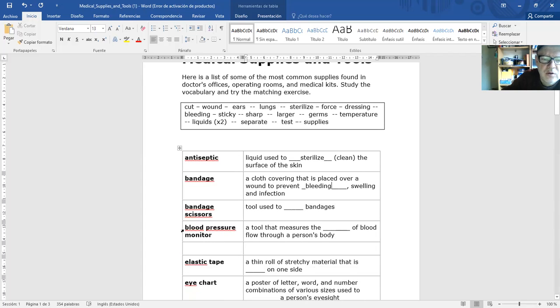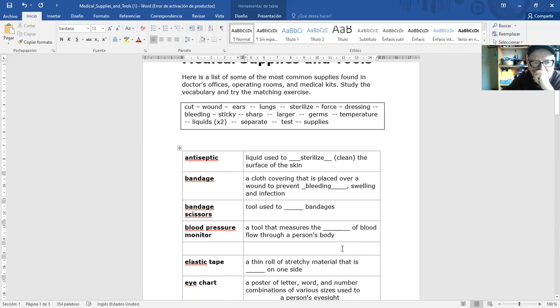What about the next? A blood pressure monitor. It's a tool that measures the of blood flow through a person's body. A tool that measures the of blood flow through a person's body.